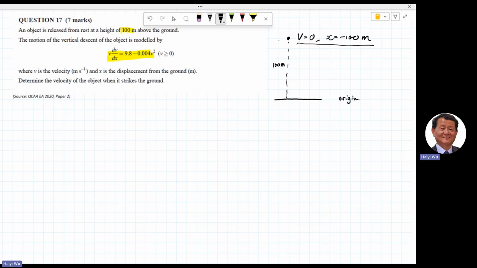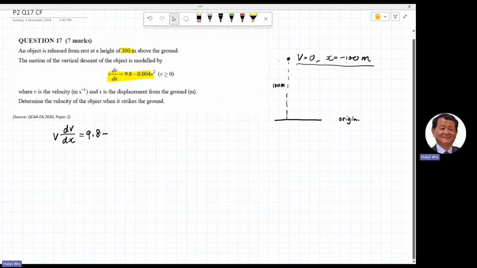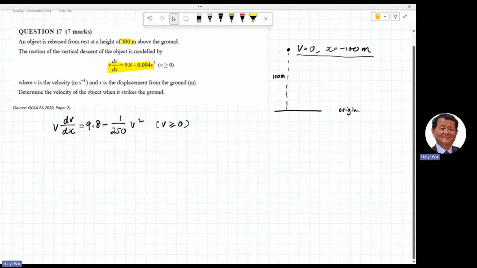Then we are also given the velocity in terms of the displacement using this differential equation: 0.004, I'm going to write as a fraction, 1 over 250 v squared, where v is greater than or equal to 0. So those conditions are given.